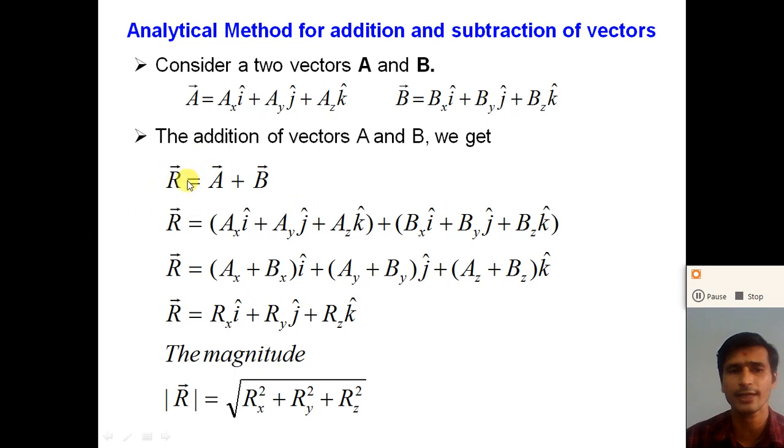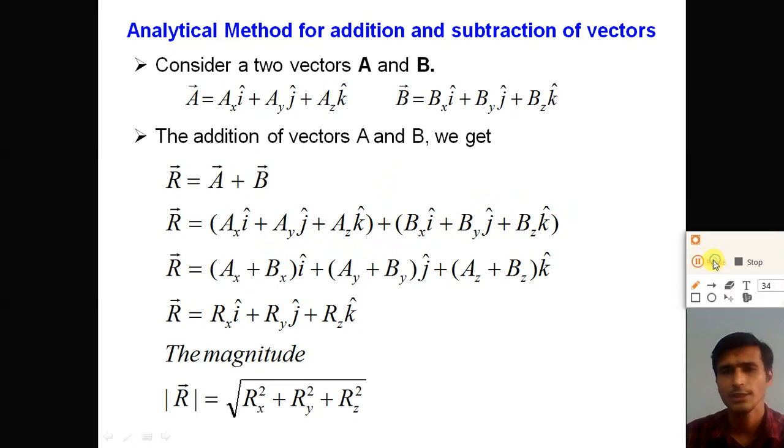So resultant vector r is equal to a plus b, or if you want to subtract, a minus b or b minus a. So r is equal to axi plus ayj plus azk, vector A, plus bxi plus byj plus bzk, vector B, and if you want to perform the subtraction, we put a minus here, right?